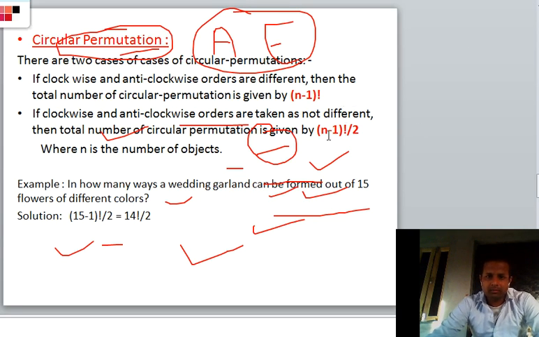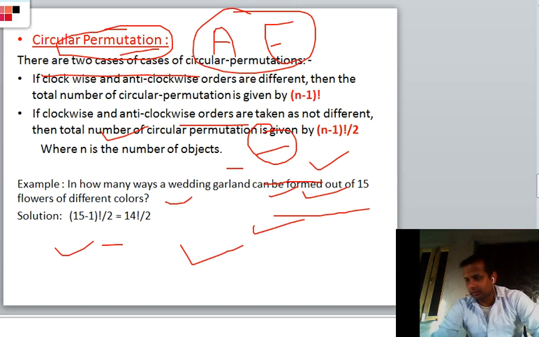Always remember, in circular permutation we have two cases. First case, if clockwise and anti-clockwise order are different, then the number of circular permutations is factorial n minus 1.